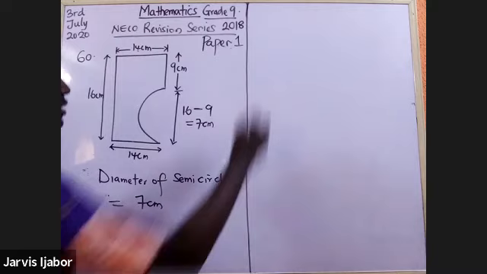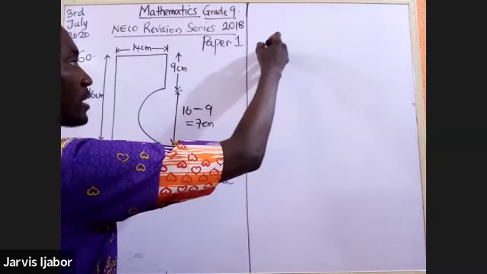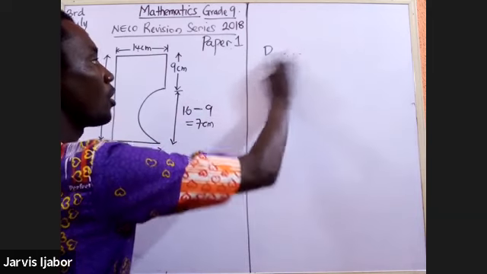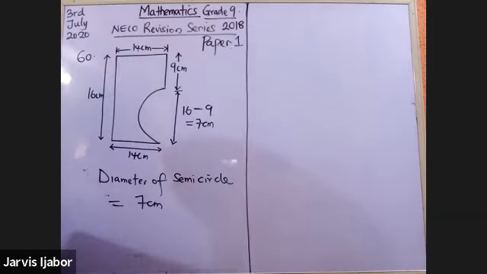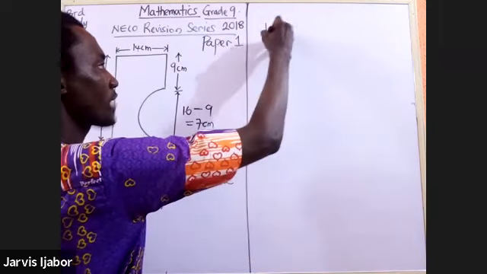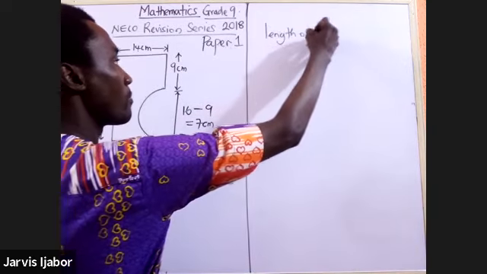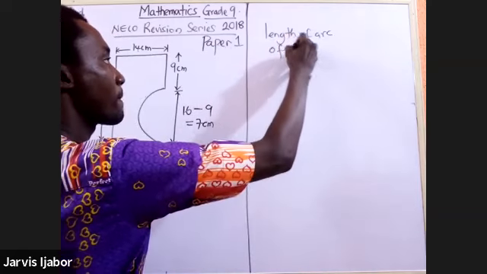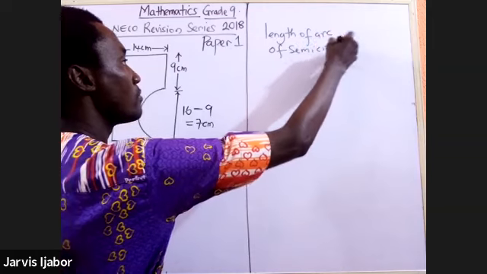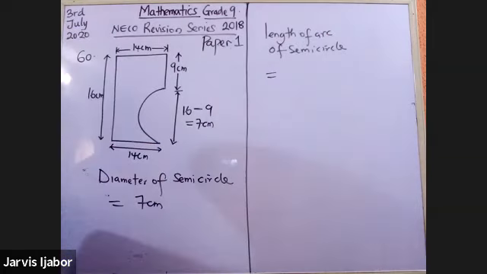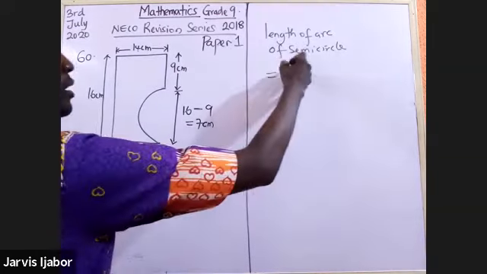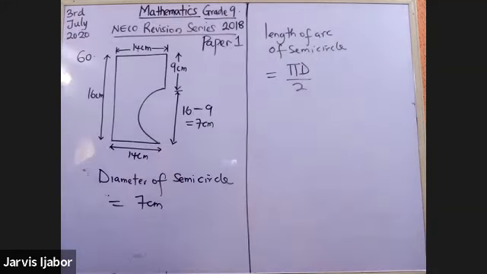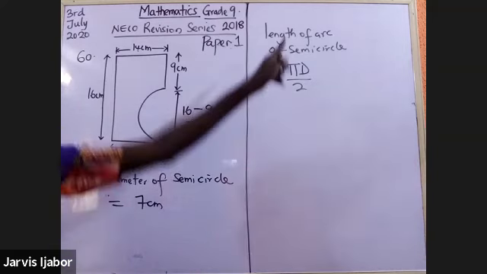So the perimeter, or rather the length of the arc of the semicircle, will be equal to pi d over 2 because it's a semicircle. Notice I was very careful to say length of arc.